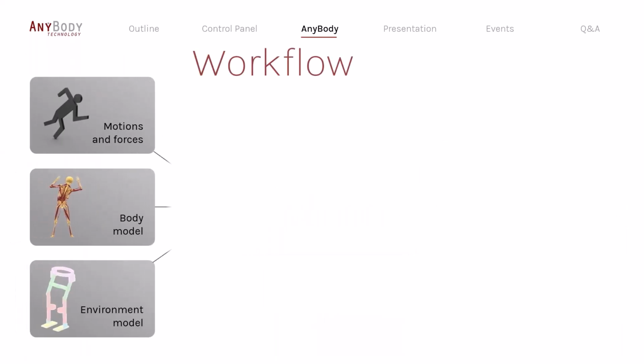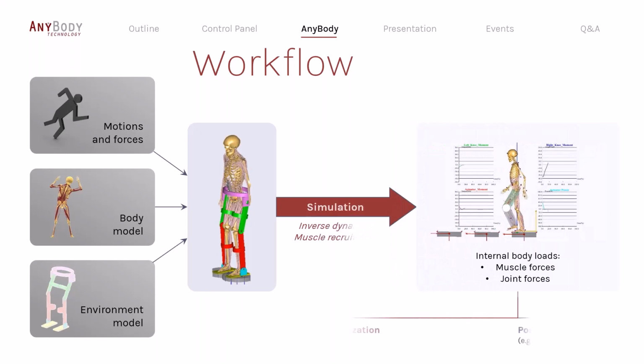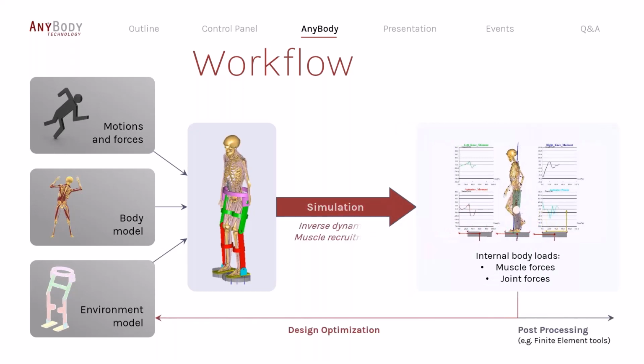The typical workflow in Anybody could look something like this. You provide the recorded motion data as input and use the body models which you or others have built. Then you can provide some kind of environment, which could be a special type of equipment or an exoskeleton, as in this example. You can then use Anybody to combine these things, solve the muscle recruitment, and run the inverse dynamics simulation.